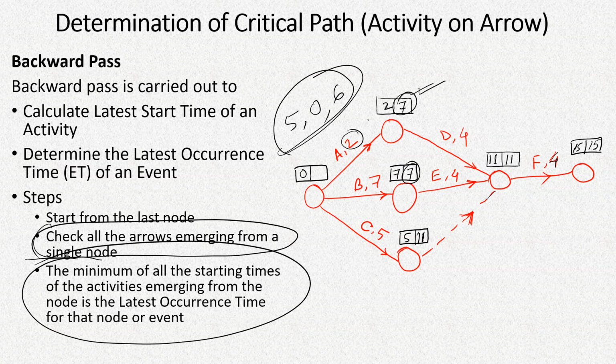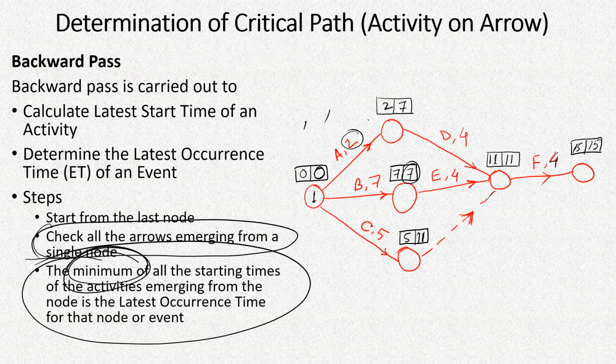So out of all these times, the smallest, or the minimum, should be taken as the latest occurrence time of this event, which is represented by the first node, node 1. So this is how we find out the different occurrence times.